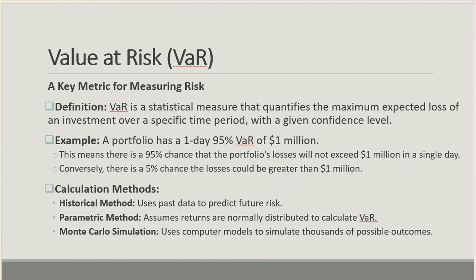It assumes returns are normally distributed to calculate the VaR. So we use the mean of the returns and the normal distribution of the returns to calculate the VaR in the parametric method.